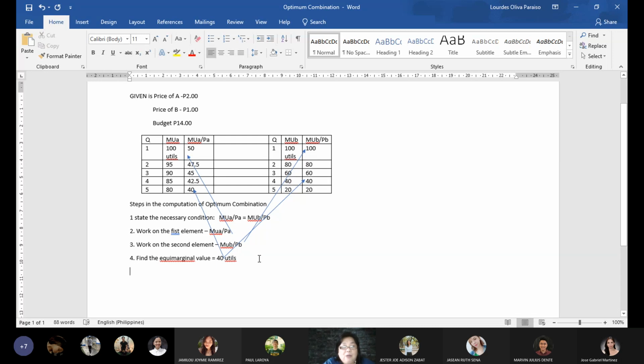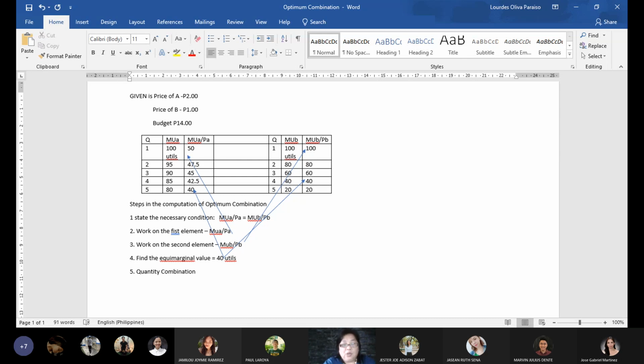If we have found the common level of satisfaction for both good A and good B, what is next? The problem now is when you have found the equimarginal value, you have to know the quantity combination. So what is your quantity combination?